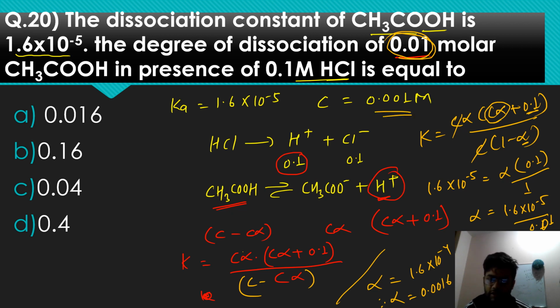So we multiply by 10 to the power minus 2, then we get 1.6 into 10 to the power minus 3 here, right? 1.6 into 10 to the power minus 3, then we get 0.016. So the right answer is A.